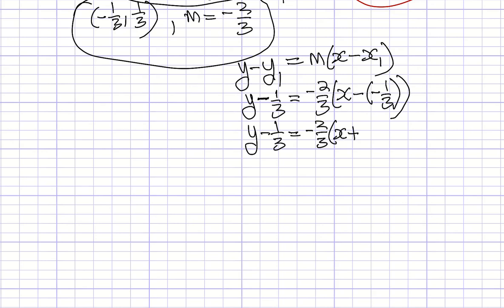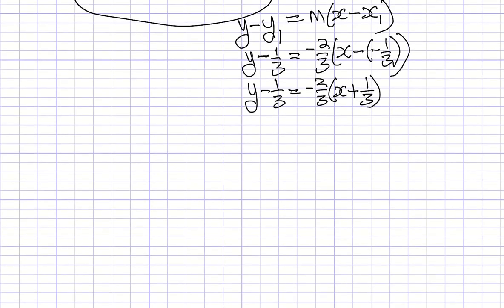This will be the same thing as negative 2 over 3 times x, and then negative 2 over 3 times negative 1 over 3 gives positive, that would be 2 over 9. You see that, right? I just want to get rid of the bracket. So you see what I did now? We didn't break any rules.